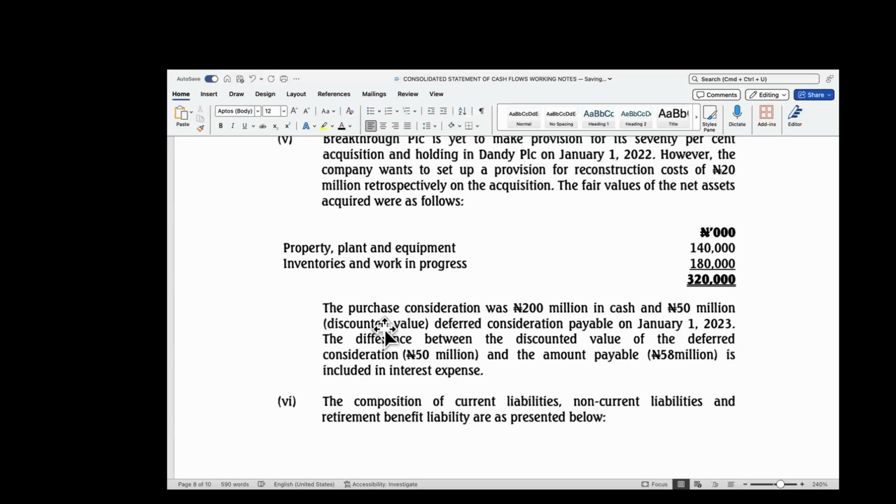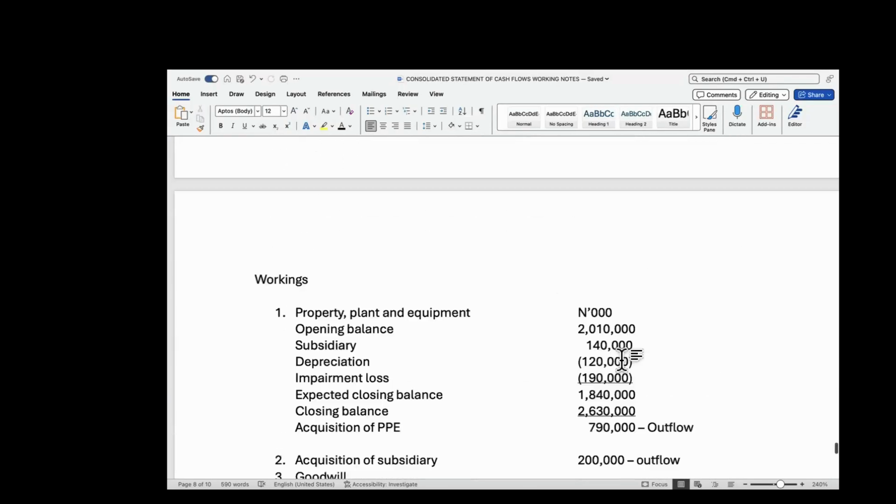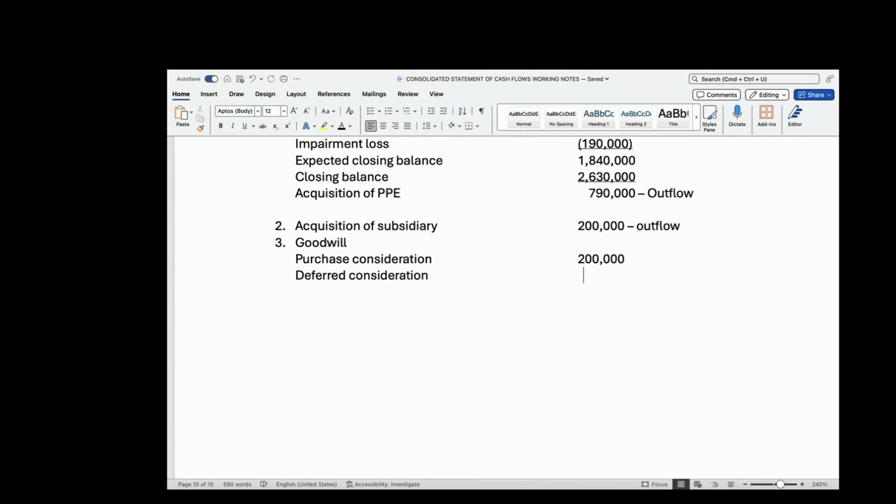So now the present value of it is 50 million. Though they told me that the future value is 58 million, and they said the difference has been included in interest. So I know that there's a portion of interest expense that is non-cash that I need to tackle when I'm doing my movement in interest payable. So hopefully I remember this. But what I need right now is a discounted future payment of 50.